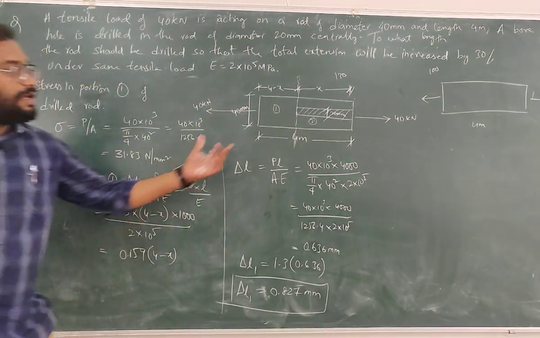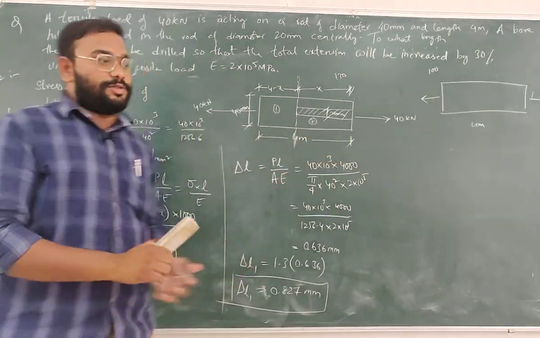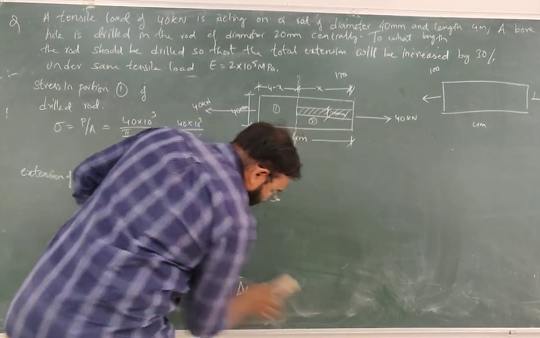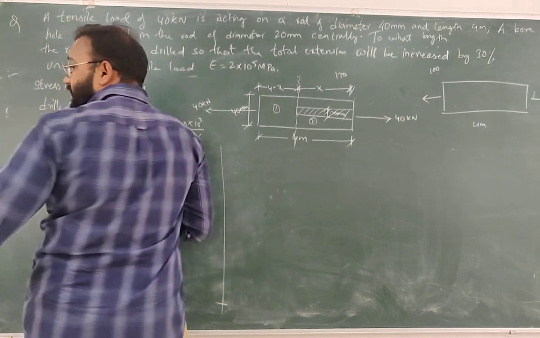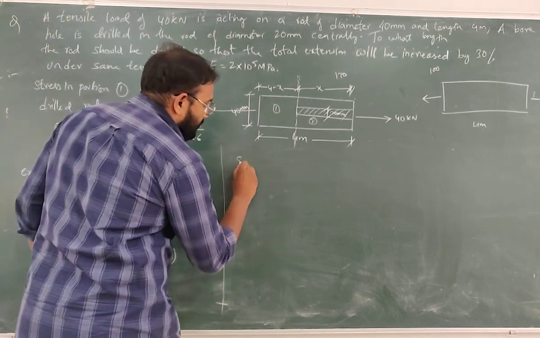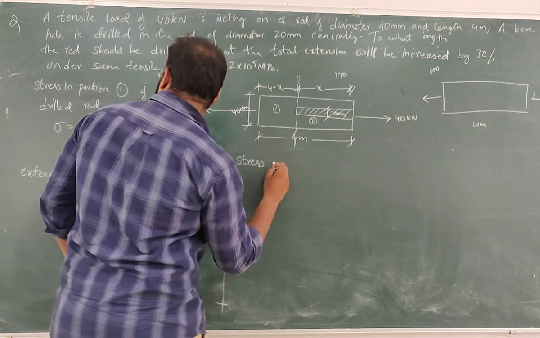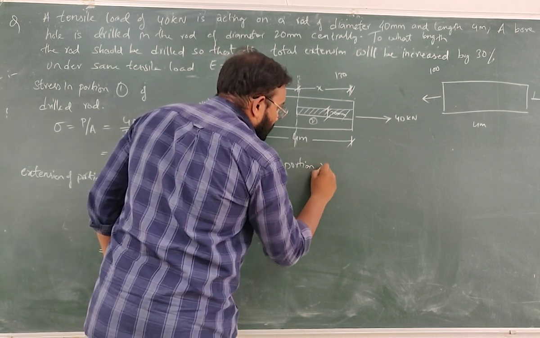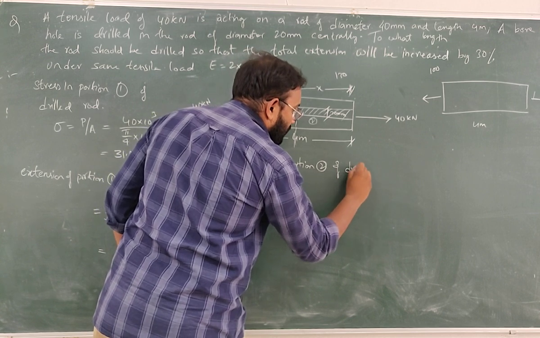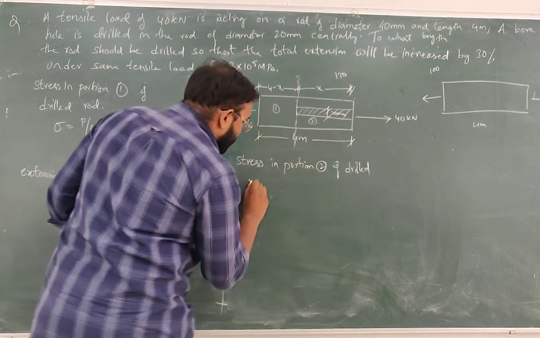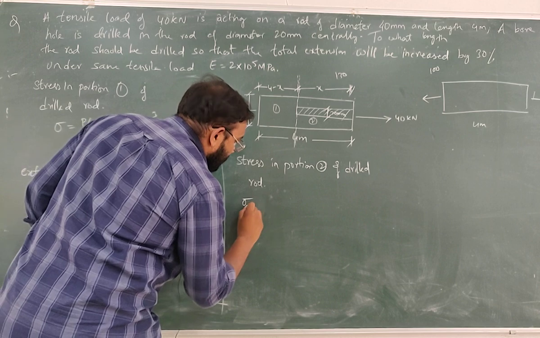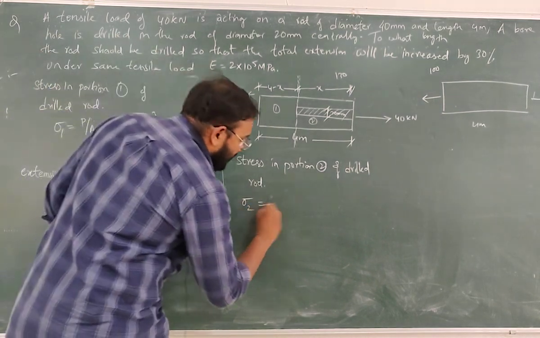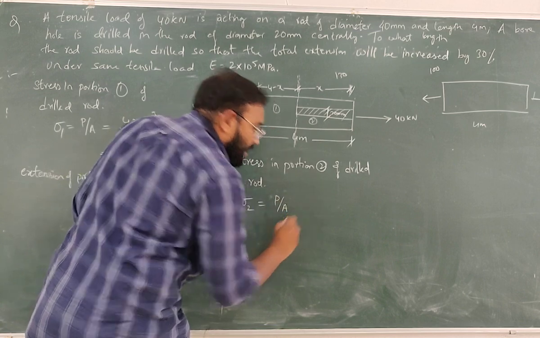Okay, now we'll calculate extension for this second portion also. First we want the stress in portion 2 of the drilled rod. So let it be sigma 2, let this be sigma 1. This is equal to P by A again.